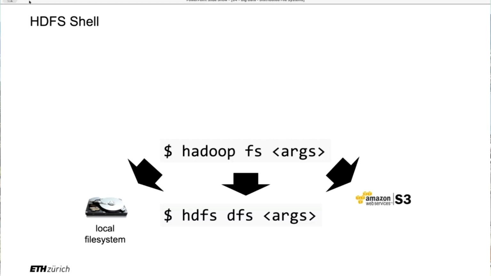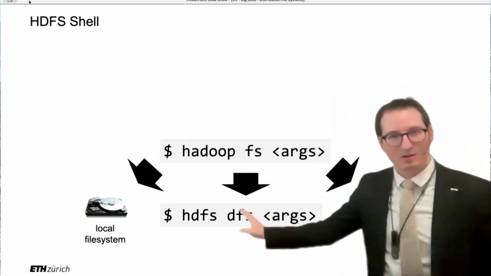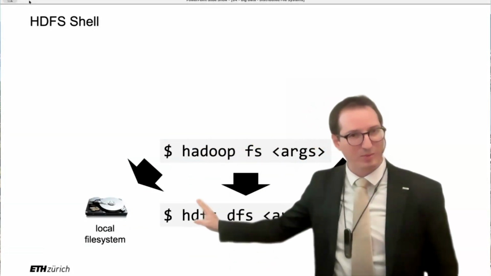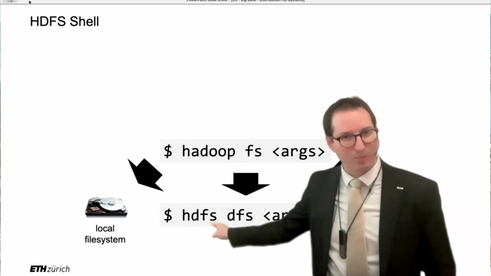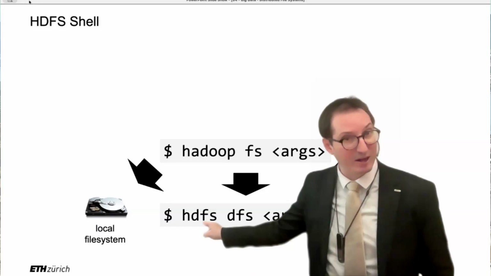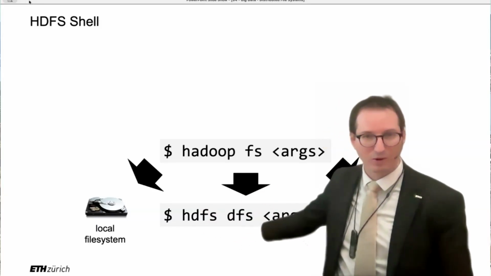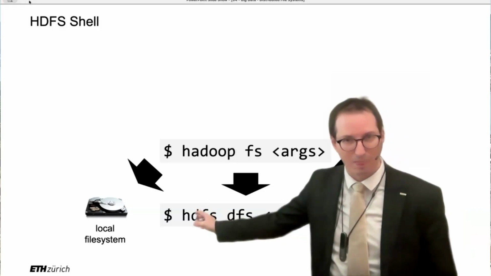And the way it works is that you have the hadoop fs command or the hdfs dfs command, followed by what you want to do, right? So just that I explain the difference between the two. The hdfs command here is really specific to only HDFS. It doesn't know anything else, right? And then with HDFS, you can create directories, read the content of a file, copy files, and so on.